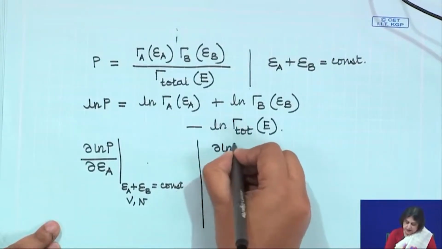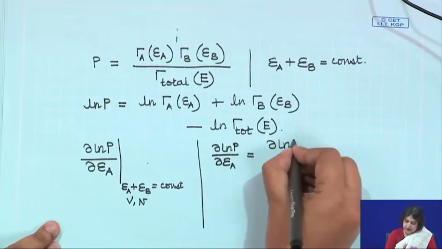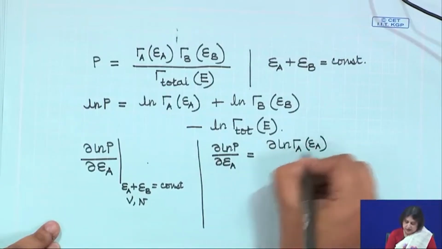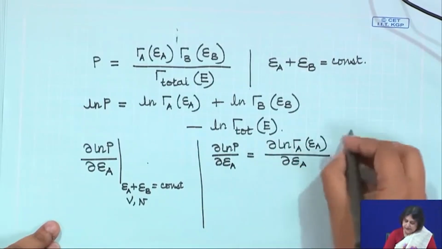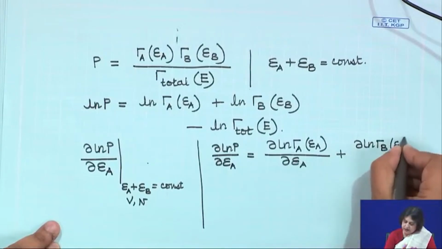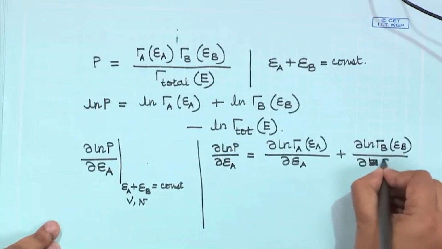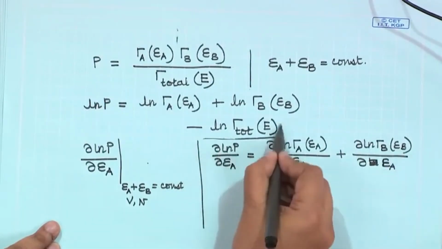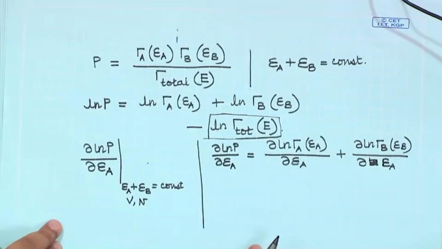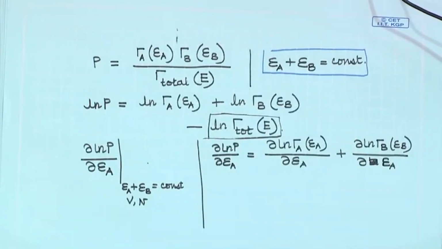The derivative of ln P with respect to epsilon A is going to be equal to the derivative of ln gamma A, which is a function of epsilon A, with respect to epsilon A, plus the derivative of ln gamma B, which is a function of epsilon B, with respect to epsilon A. As you see, this last number is fixed for given total energy, volume and number of particles, so that is not going to vary with epsilon A. I have not written this term, but please remember that I already have this restriction on the system.